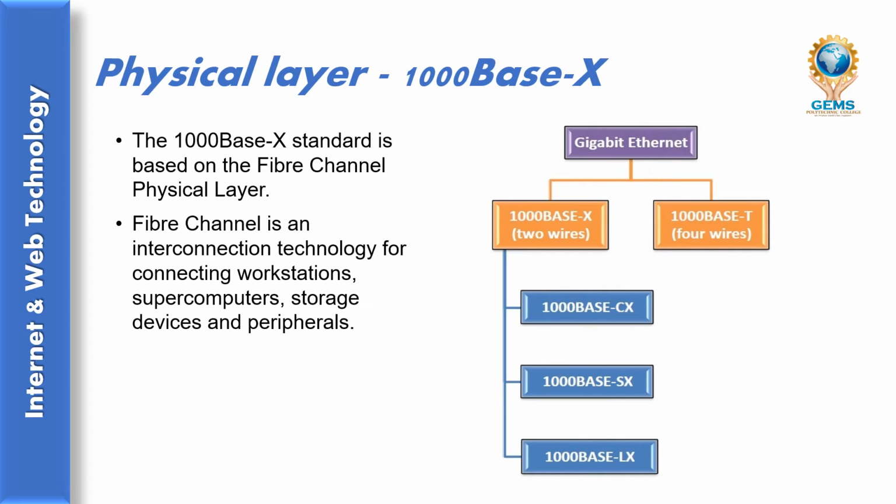From Gigabit Ethernet there are 2-wire and 4-wire versions, that is 1000BASE-X Ethernet and 1000BASE-T. Under 1000BASE-X Ethernet, there are 1000BASE-CX, 1000BASE-SX and 1000BASE-LX. Fiber Channel is an interconnection technology for connecting workstations, supercomputers, storage devices, and peripherals.